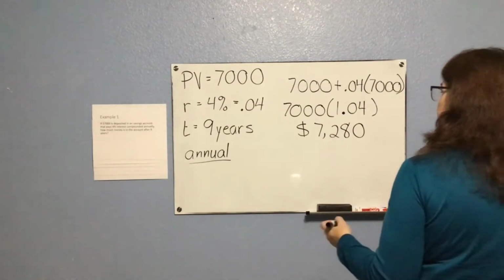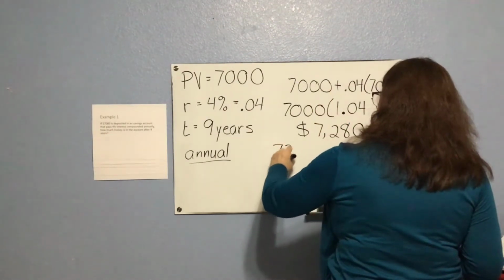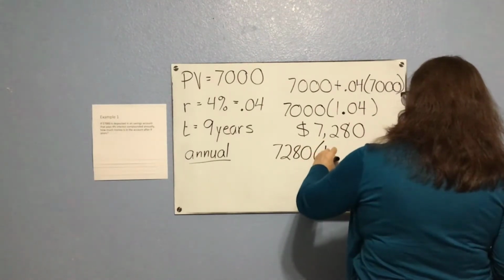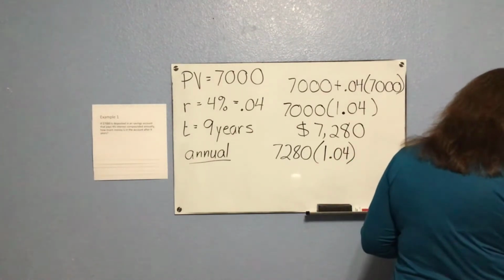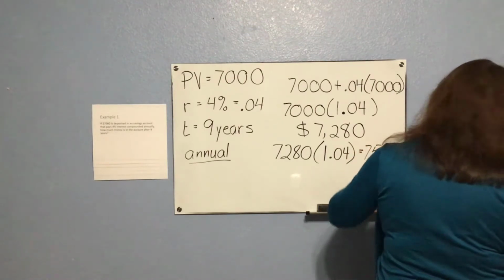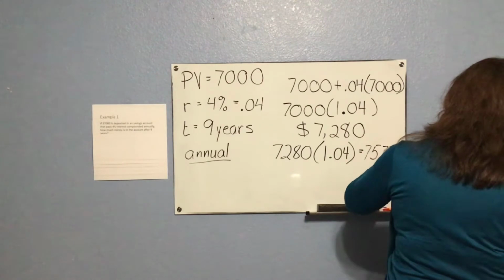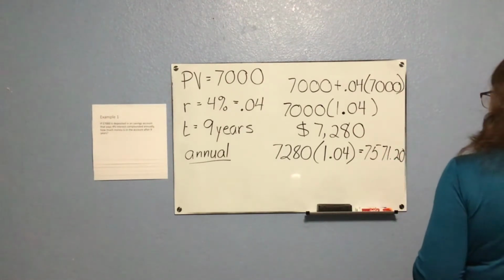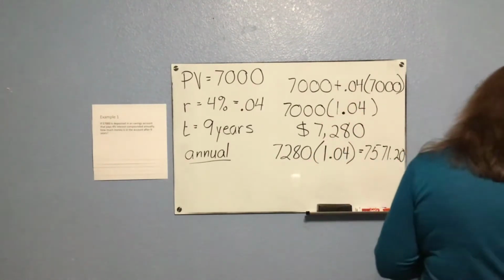But now to calculate for the second year, I don't start with the 7,000. I start with the 7,280. And again, I'm going to multiply that by 1.04. And this gives me now $7,571.20. Okay, now it would be very tedious to do this 9 times.